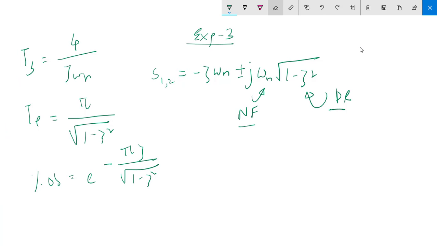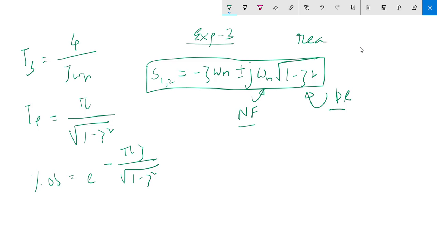For memorizing this in a very efficient way, I can suggest something. It's just my suggestion. You can obviously memorize these formulas straight away, but for better memorization, I am just giving you some tips. You can see this is the dominant pole, right? So it has a real part and an imaginary part.